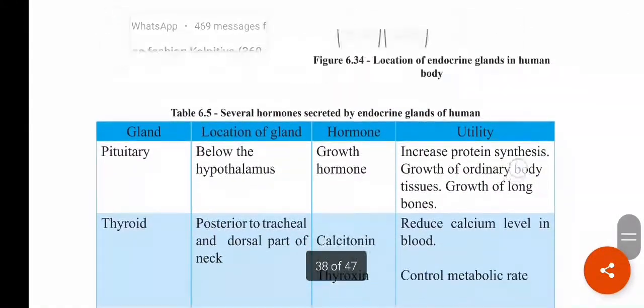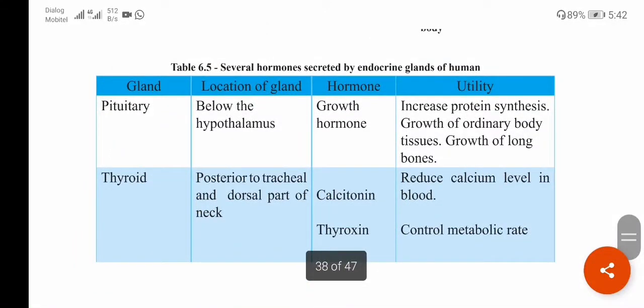Let's check the functions one by one. Pituitary gland: its location is below the hypothalamus. The hormone secreted is growth hormone. Its function is to increase protein synthesis, growth of ordinary body tissues, and growth of long bones.